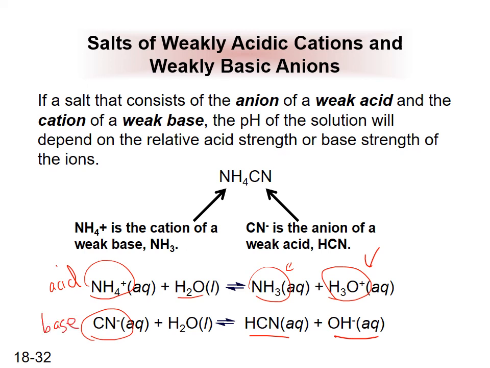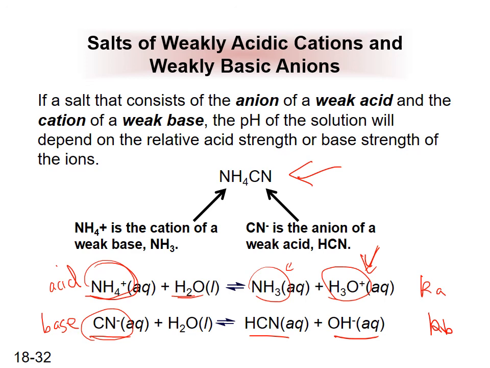In order to know if this salt is acidic or basic, we need to look at the Ka and the Kb and see which one is larger. If Ka is larger, that means ammonium is a stronger acid than cyanide is a base, so it has more ability to react with water and generate more hydronium ion.